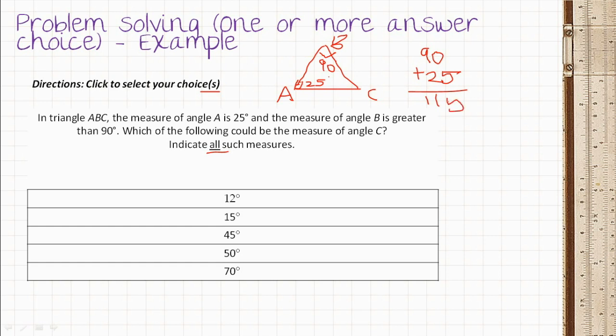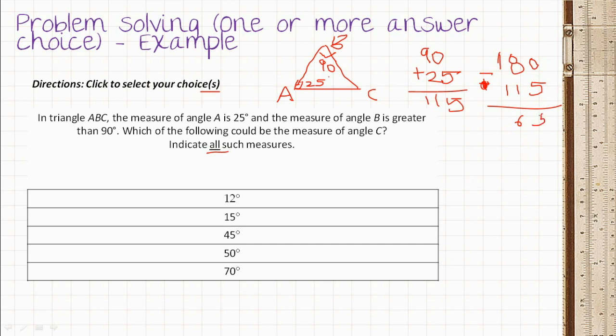115. And we'll subtract it from 180 degrees because if we add all the angles of any triangle, the total will be 180 degrees only. So 180, not plus, it will be subtracting. I'm so sorry. So the answer will be 65.